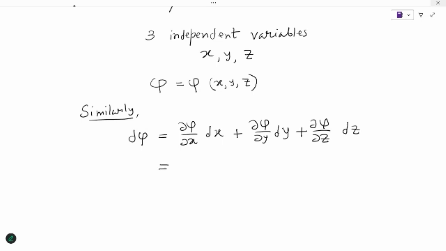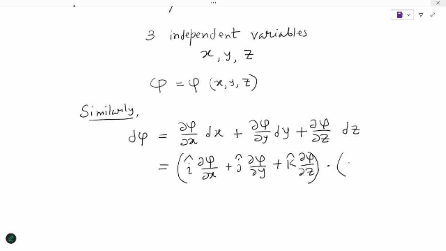Now we can write this as i cap del phi del x plus j cap del phi del y plus k cap del phi del z dot i cap dx plus j cap dy plus k cap dz.